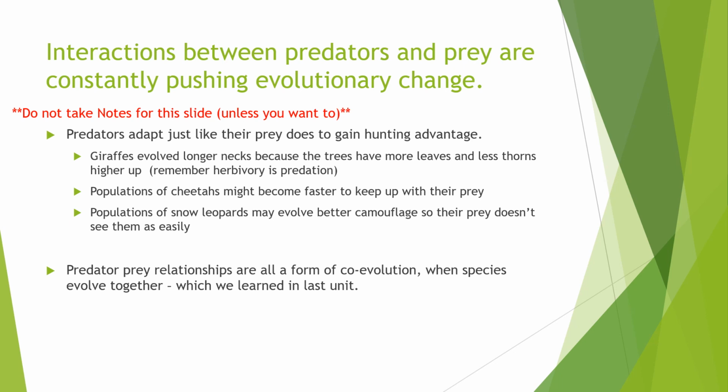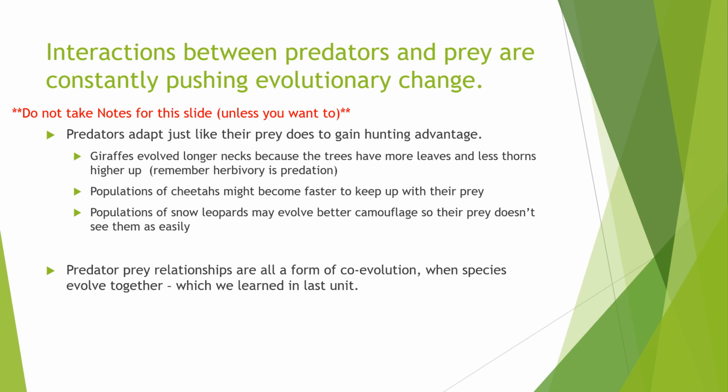Again, even though giraffes eat leaves, it's still a form of predation because the giraffe is consuming something else that is alive for it to live. But anyways, giraffes over time evolved longer necks because the trees have more leaves at the top because there's less competition for those leaves. And also, the leaves up there have less thorns on them.